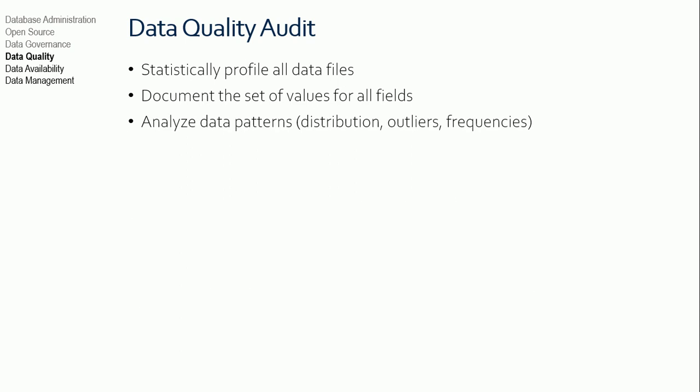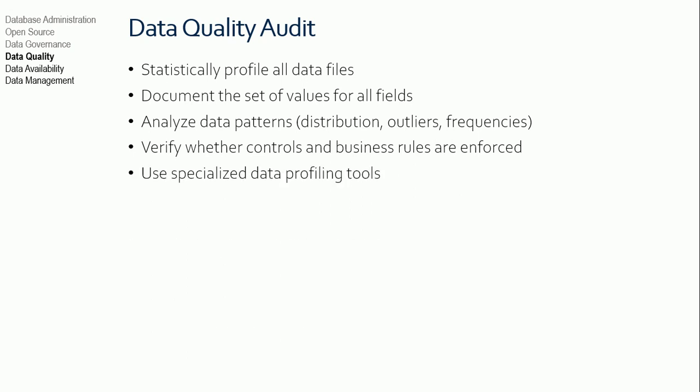We can look for distribution, outliers, and frequencies of data to try to analyze the quality of that data. Your book talks in more detail about specific things we can look for and how to do that data analysis. And there are also specialized tools that you can use to analyze this data. But there's some basic things that you can do as a DBA as well to analyze the quality of your data.